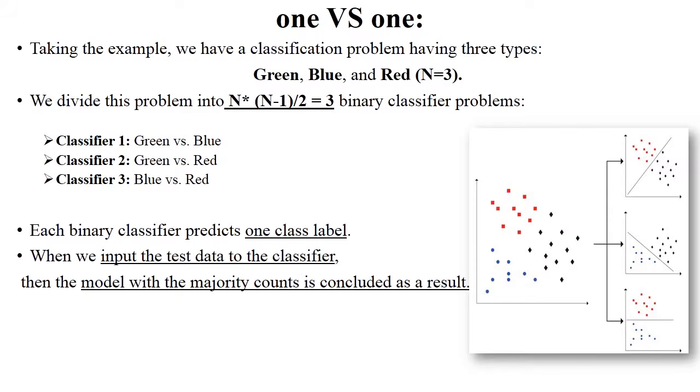So this is the concept of one versus one multi-class classification. So each binary classifier predicts one class label, and we provide the test data to the classifiers. Then the class with the majority count is concluded as the result. So basically in pairs format they show the result. So this is one versus one.